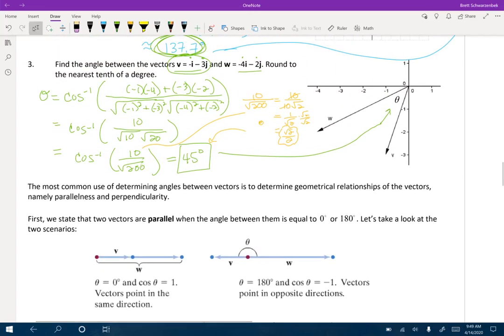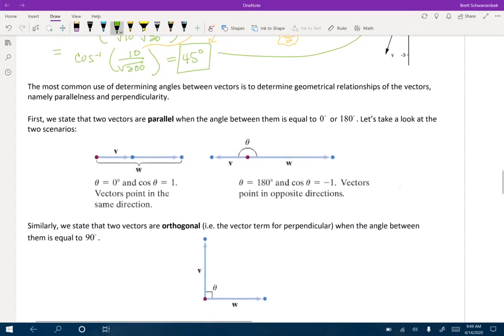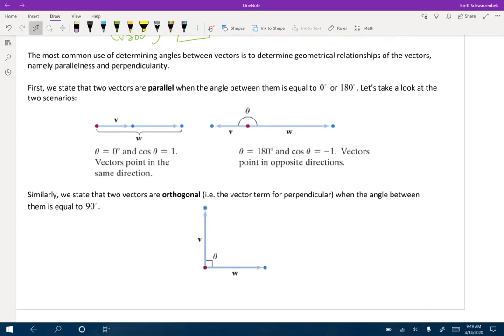Okay, so one of the reasons why you learn the dot product is, of course, to find the angle between vectors, but another reason that is very important to advanced math is to determine parallelness and perpendicularity. These are two terms that you learned a lot about in geometry and in algebra, specifically using slopes.